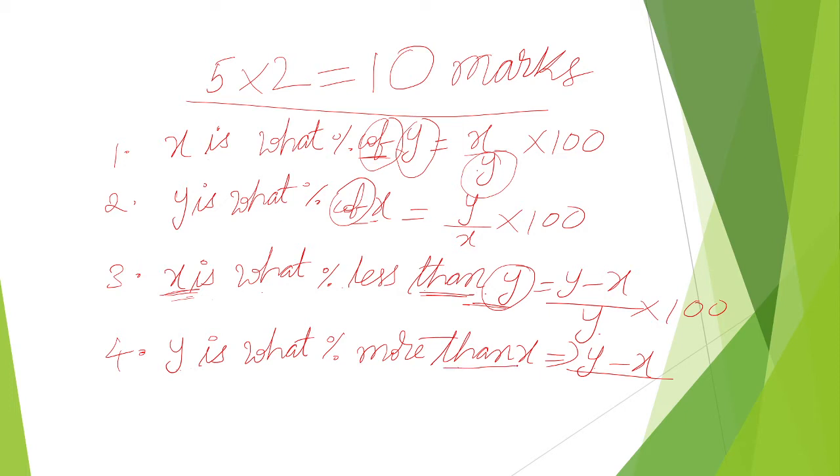But here, whatever comes after "than" comes under the denominator. That's why y minus x by x into 100. Here we have to observe very carefully. Whatever comes after "of" will come under the denominator, and whatever comes after "than" also comes under the denominator. These are very important formulas to solve the DI problems very quickly.